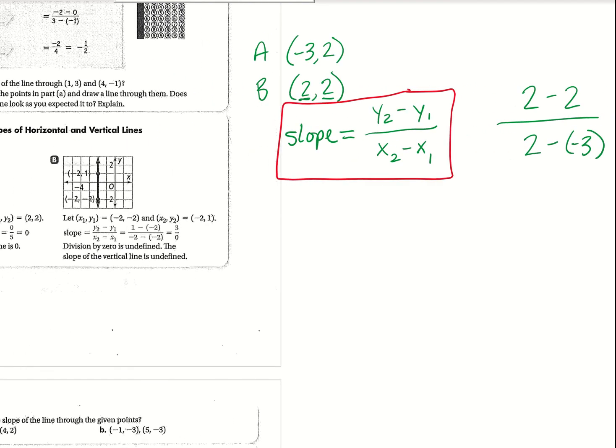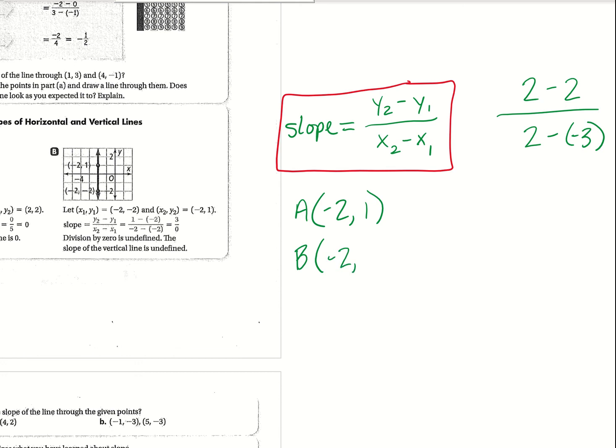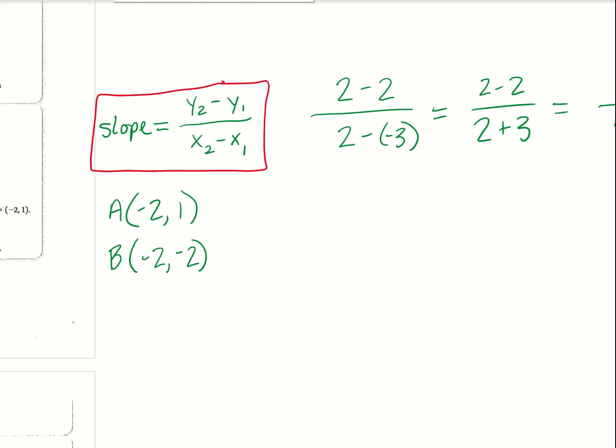Then we'll go ahead and move on to B. For B, our points are, we're going to call A the top one, so -2, 1, and then we're going to call the bottom one B, and that's -2, -2. Same thing, we're going to use our slope formula again.